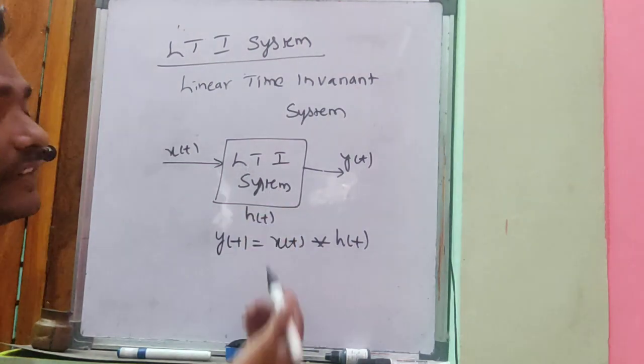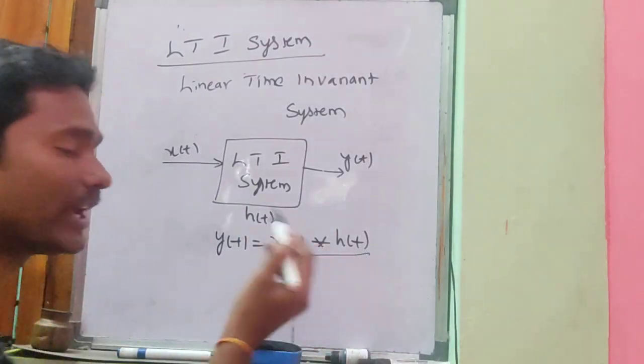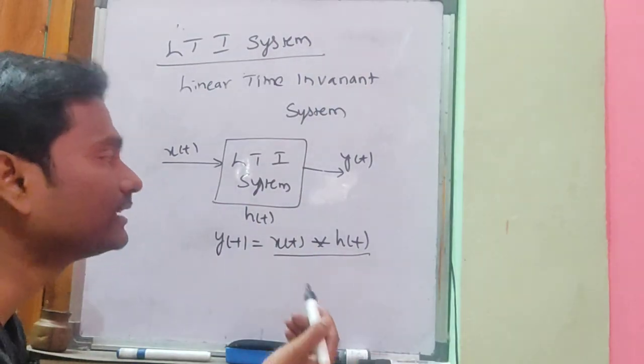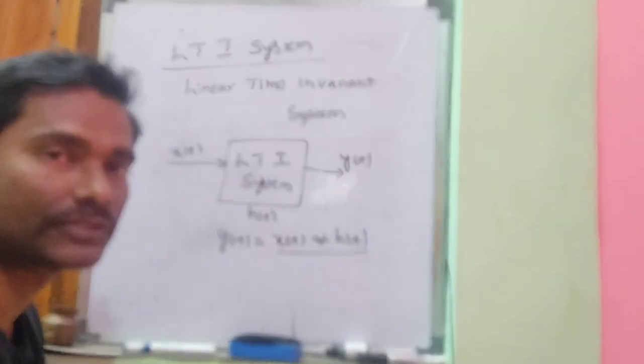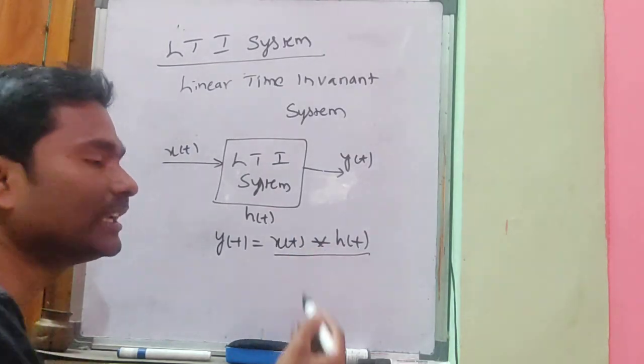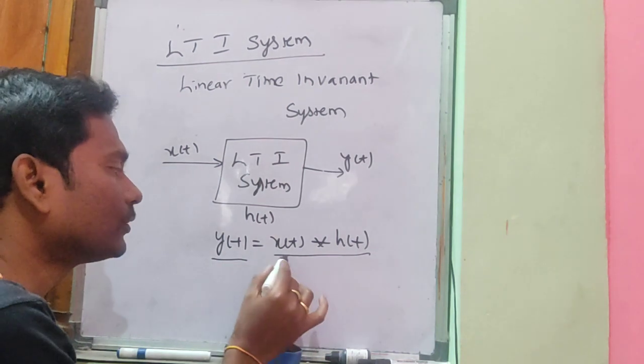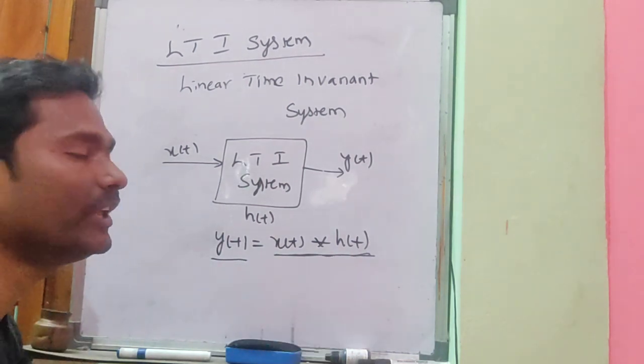It is not valid for a linear time variant system, because we derived this equation earlier using the properties of LTI systems. This star symbol is called convolution.